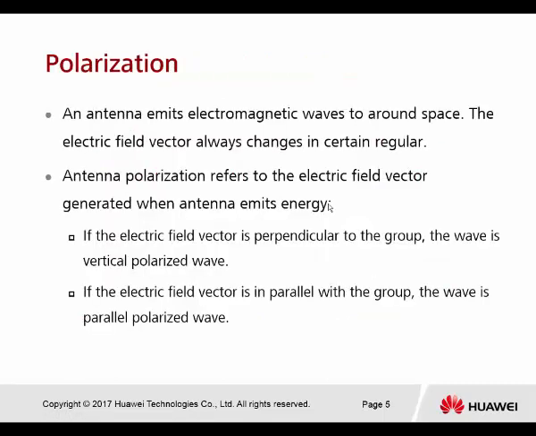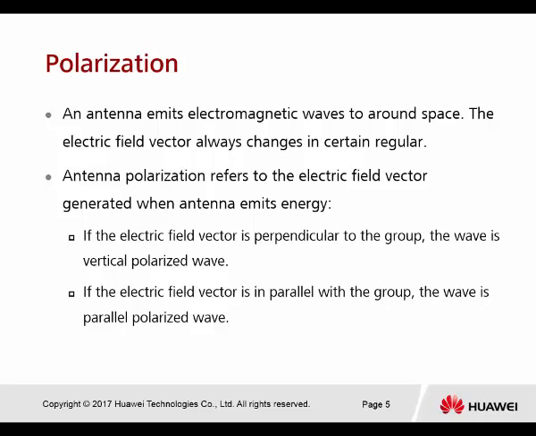So, polarization. The antenna emits the electromagnetic wave into the surrounding space. The electric field vector always changes in a certain regular way. Antenna polarization refers to the direction of the electric field vector generated when the antenna emits energy.